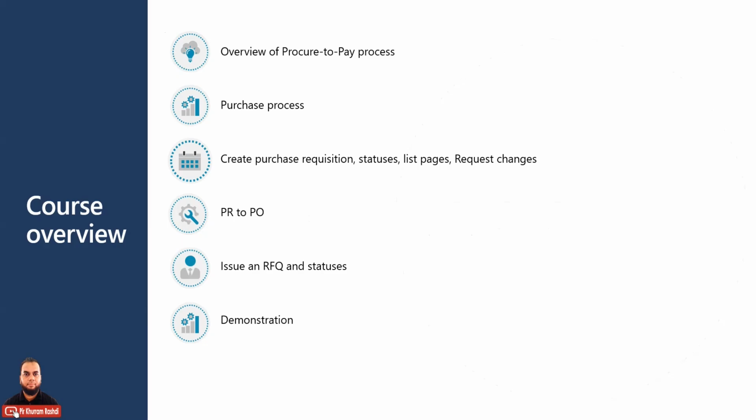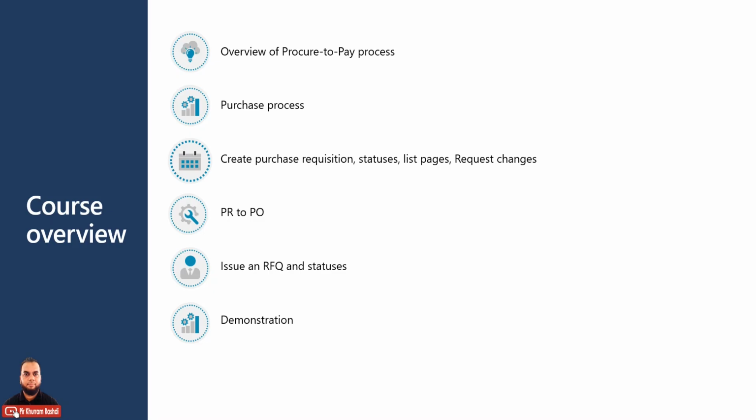And we will see the contents of this training session. There is an overview of the procure-to-pay process, and then we will explore the purchase process. We will cover the creation of purchase requisition, which is the first stage in this whole process, then the various statuses for purchase requisition and the list pages involved, and also what request change is when related to purchase requisition.